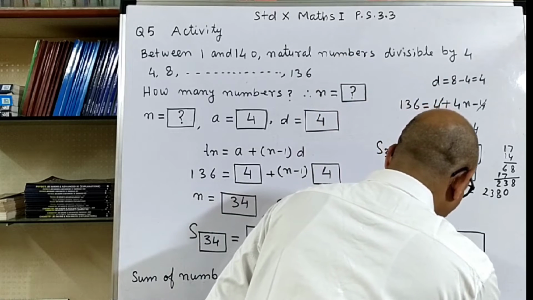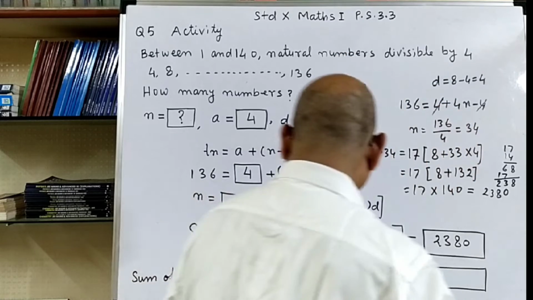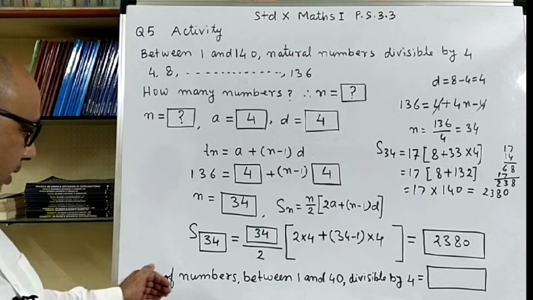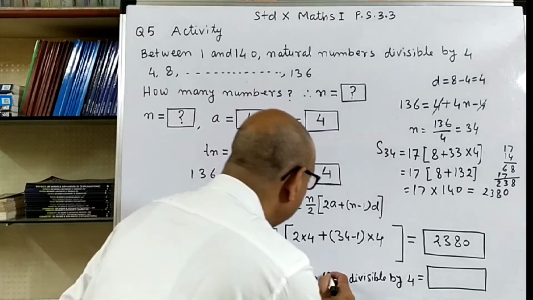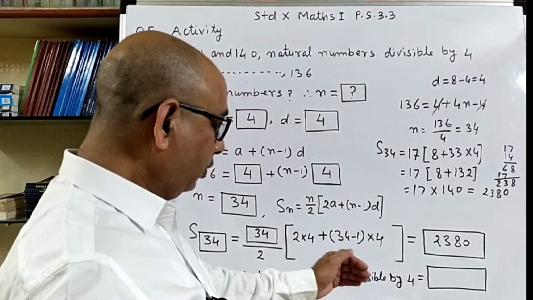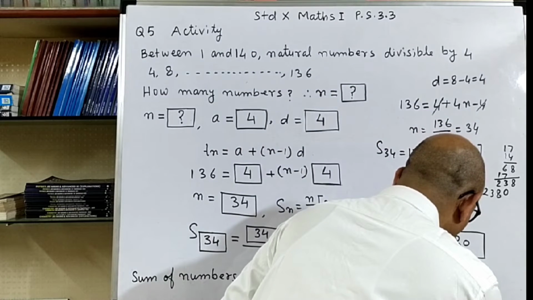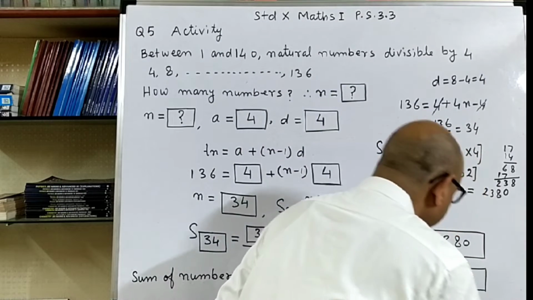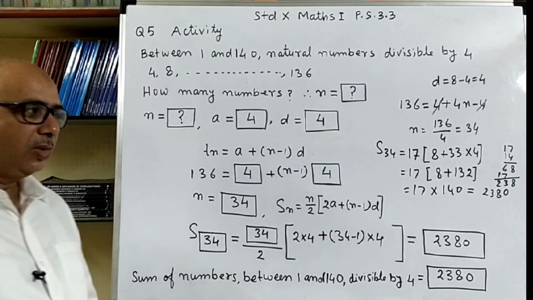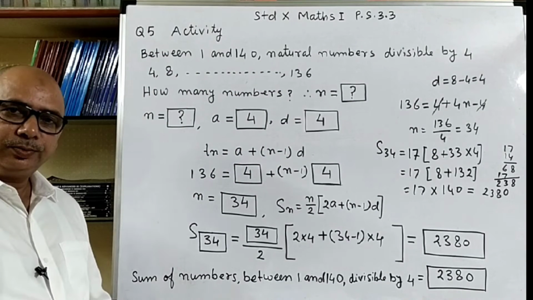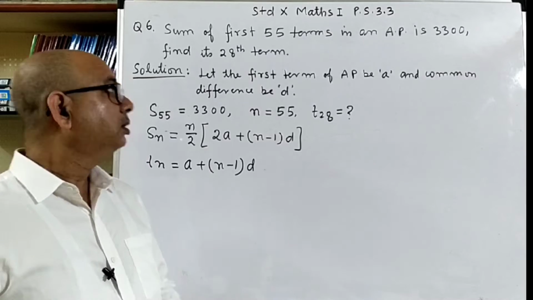Here we can write down 2380. This is the final answer line. The sum of numbers between 1 and 140 divisible by 4 is 2380. Take the screenshot.